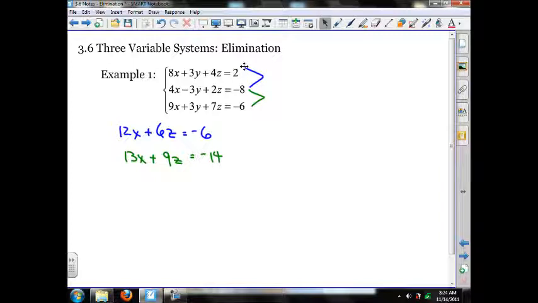Now I'm down to 2 equations and 2 unknowns. So we should hopefully know how to solve that.